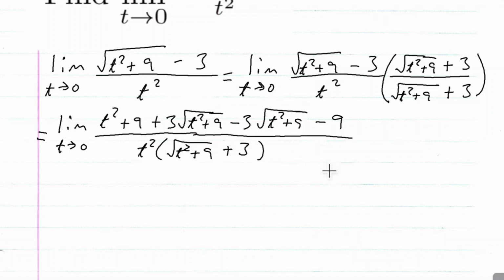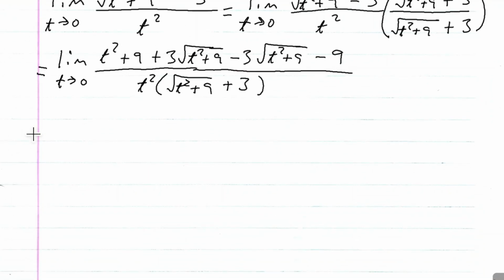Okay? Now I'm going to reduce the top, because there actually can be a lot of reducing going on. So this is equal to the limit as t approaches 0. 9 and 9 cancel, right? 9 minus 9, and 3 square root of t squared plus 9 minus 3 square root of t squared plus 9, those cancel.